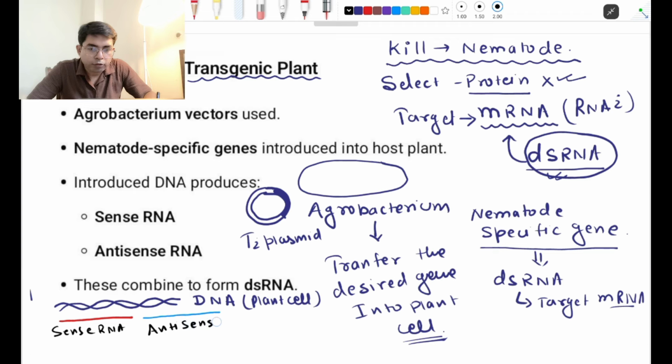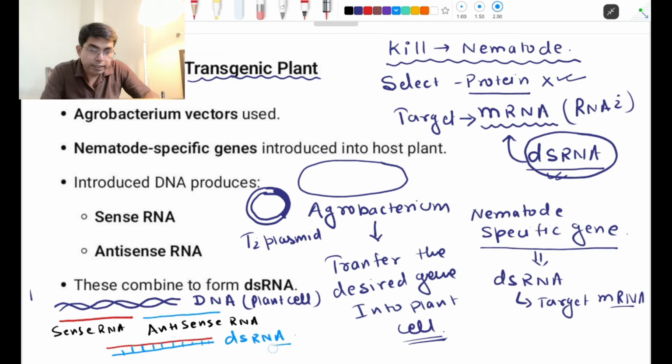Now by now you must be clear that sense and antisense RNA will always be complementary to each other, and this sense and antisense, they will come together and form a double stranded RNA, right? Understood?